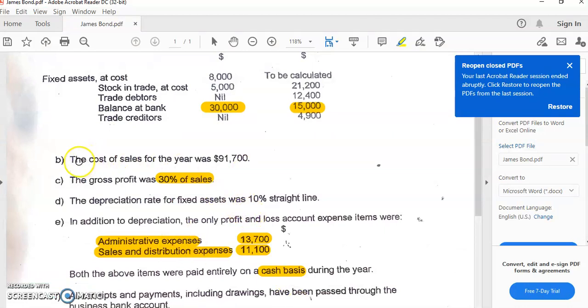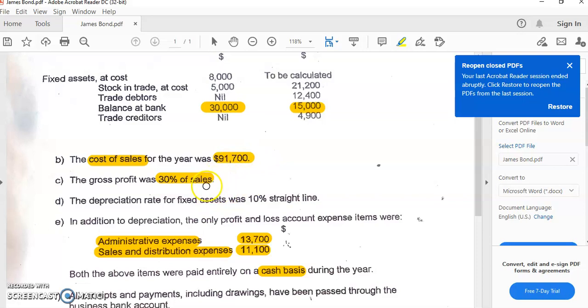What's the other thing we know? We know here in B, they said the cost of sales for the year was $91,700. Remember from my introductory video, we stated that markup is associated with cost of sales or a cost price, whereas margin is associated with sales or a selling price.